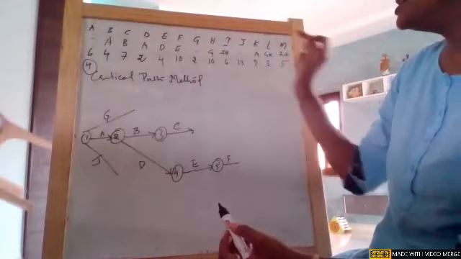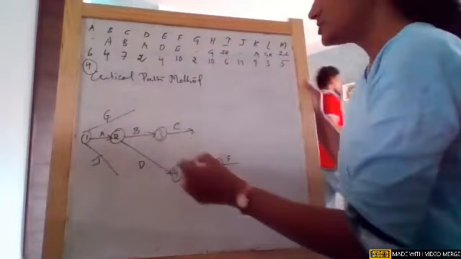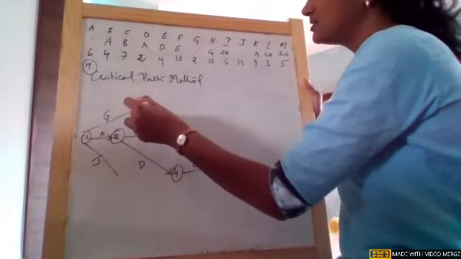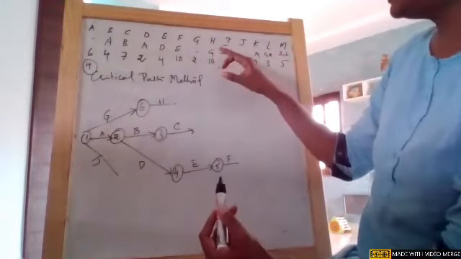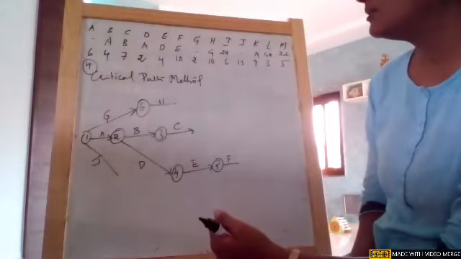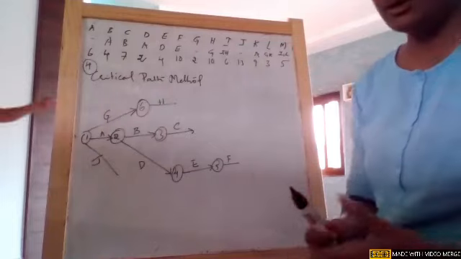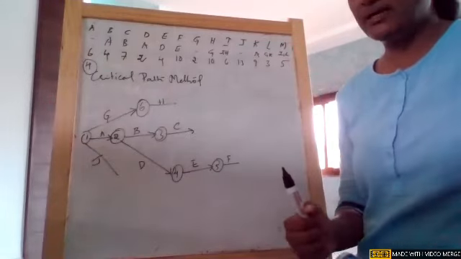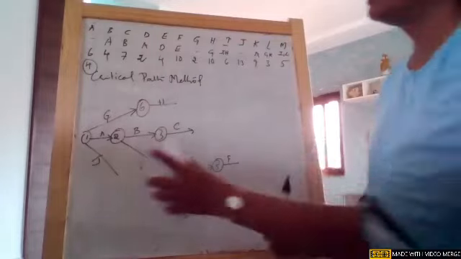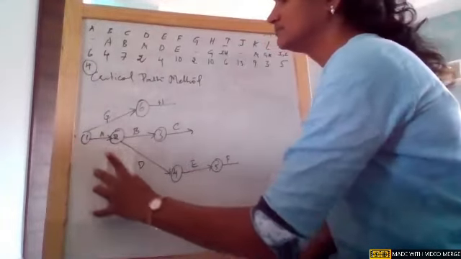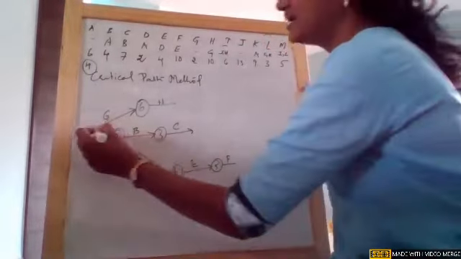Then after this, G is giving rise to H. So where is my number? So G is giving rise to H, and J and H. Okay, I'll just modify this particular position. I'll just show J here.